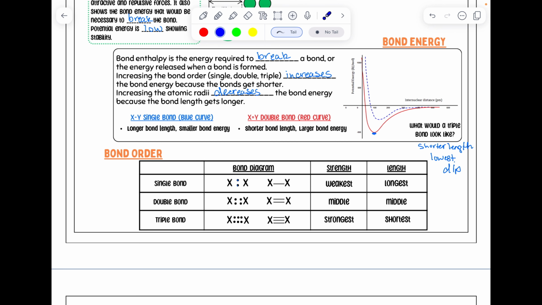And the strength between a single and a triple bond would be in the middle, and the length would be in the middle as well. And finally, a triple bond, it can be shown with the sharing of these three pairs or three lines across. And it is the strongest, meaning it would take the most energy to break these three bonds, and it would have the shortest length, or the shortest distance between those two atoms.